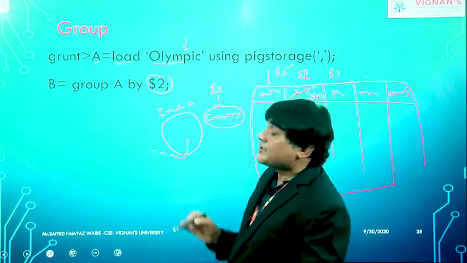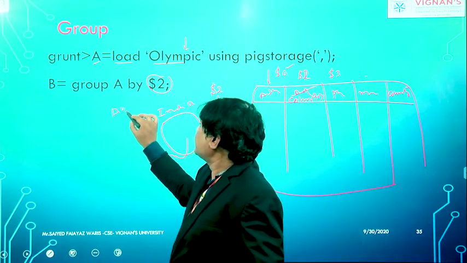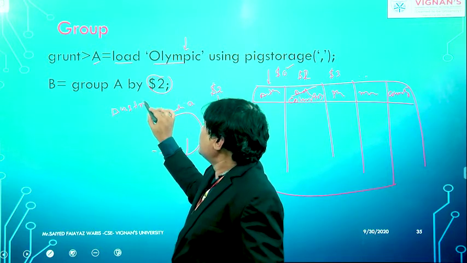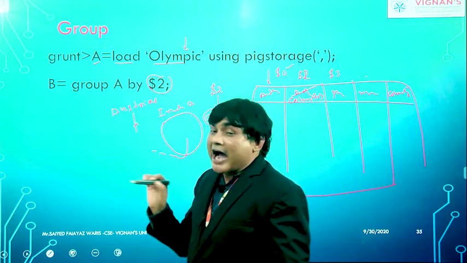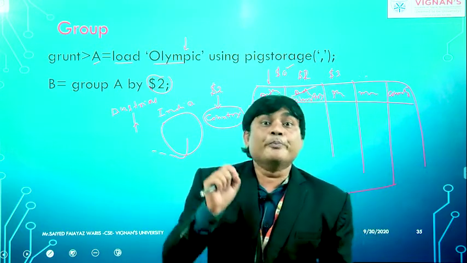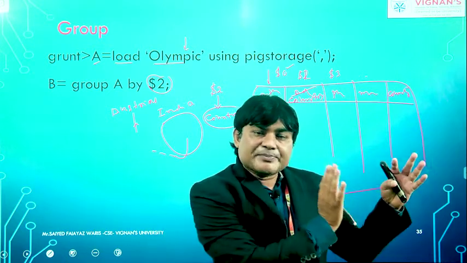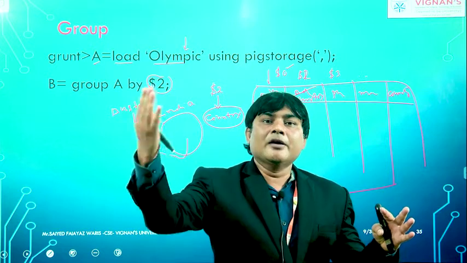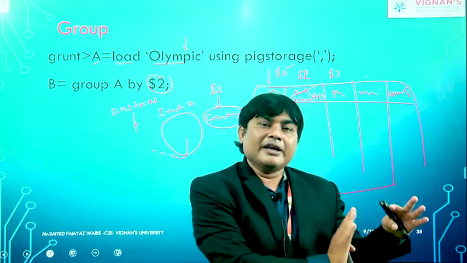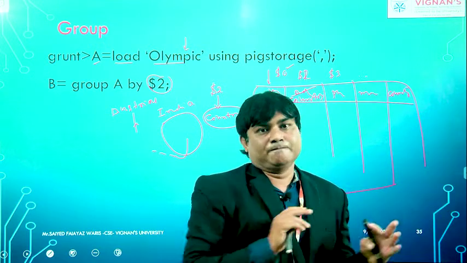Likewise, the information related to Australia, all the athletes who belong to Australia, must be in the Australia group. So I am making groups based on the country. All the data related to India must be in the group called India.